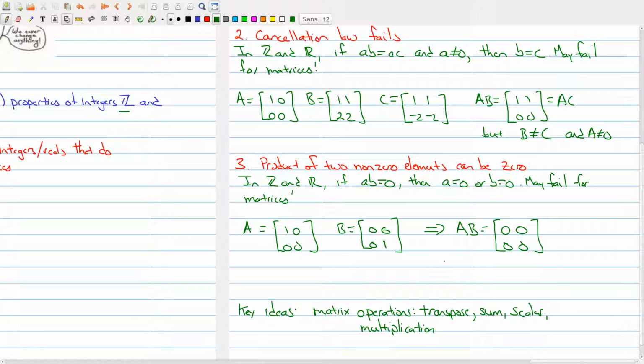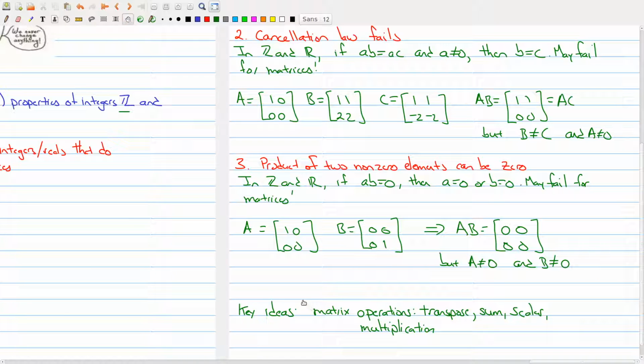But A doesn't equal the 0 matrix and B does not equal the 0 matrix. So in the integers and the real numbers, you can't have two non-zero things multiply to give you zero. But with matrices, you can have two matrices that are not zero, and when you multiply them, you get zero.